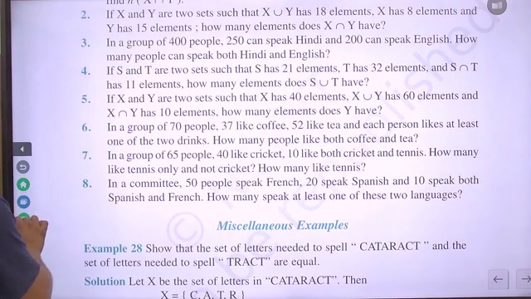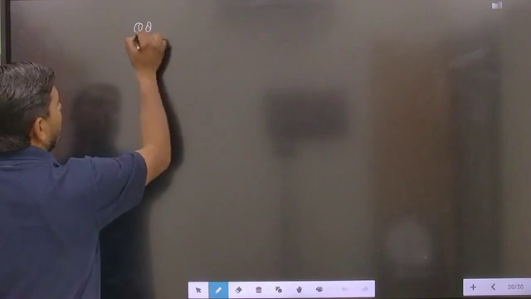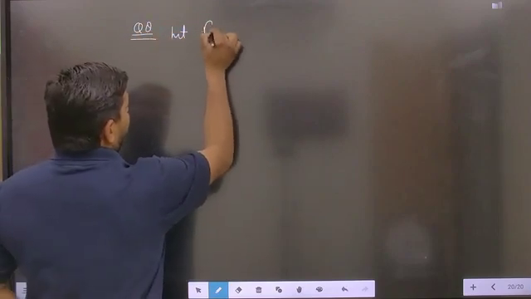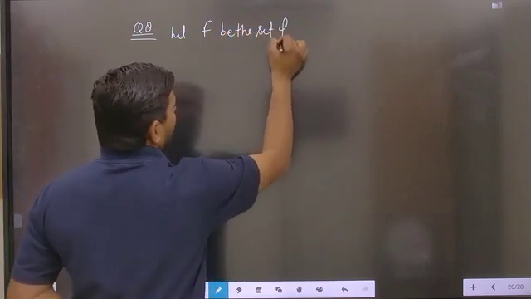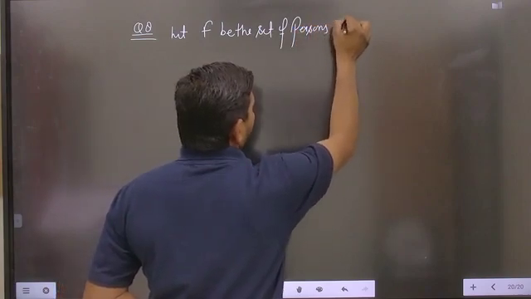So we will take question number 8 here. In this question number 8, first of all, let capital F be the set of persons who speak French.